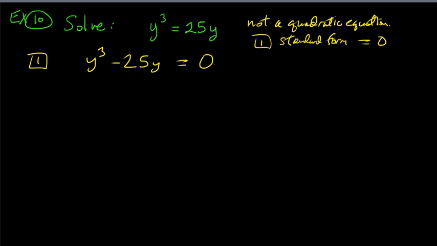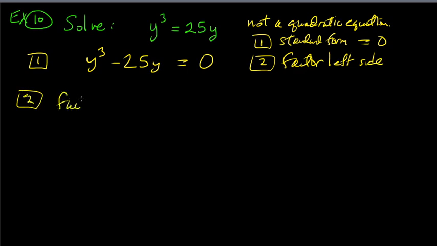Okay, so y cubed minus 25y equals 0. The next step, of course, is to factor the left side, which is y cubed minus 25y.